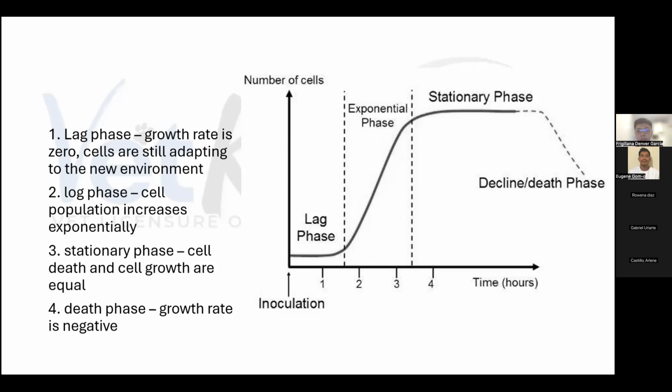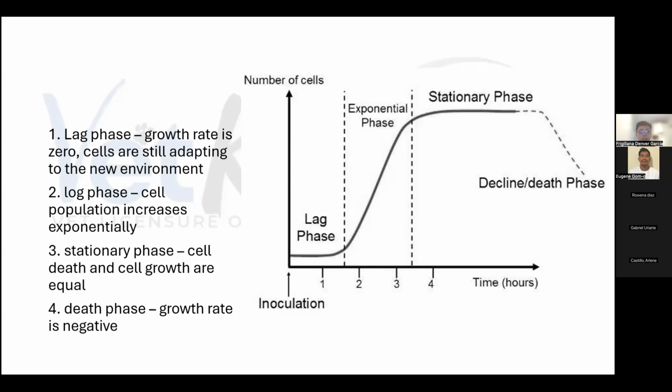And cell wall synthesis is important for beta-lactam antibiotics kasi ini-inhibit nila yung formation ng cell walls. So kapag walang nangyayaring growth or reproduction, walang nangyayaring cell wall synthesis, walang i-inhibit yung antibiotics natin, amoxicillin and cephalosporins. So wala silang mapapatay na bacteria.